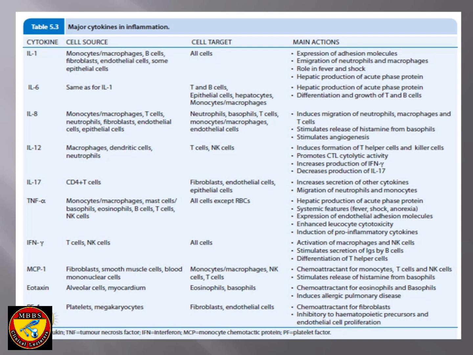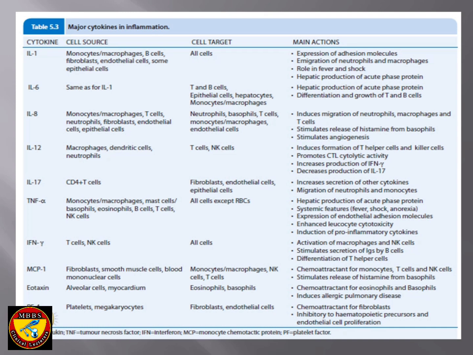Then interleukin 6 has the same source as interleukin 1, but the target cells are T and B cells, and the main function is acute phase protein production, which is C-reactive protein, and differentiation and growth of T and B cells.